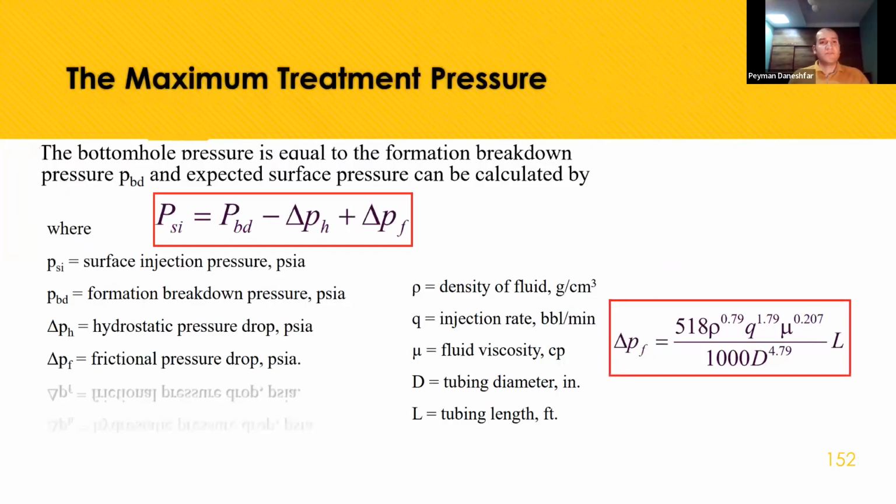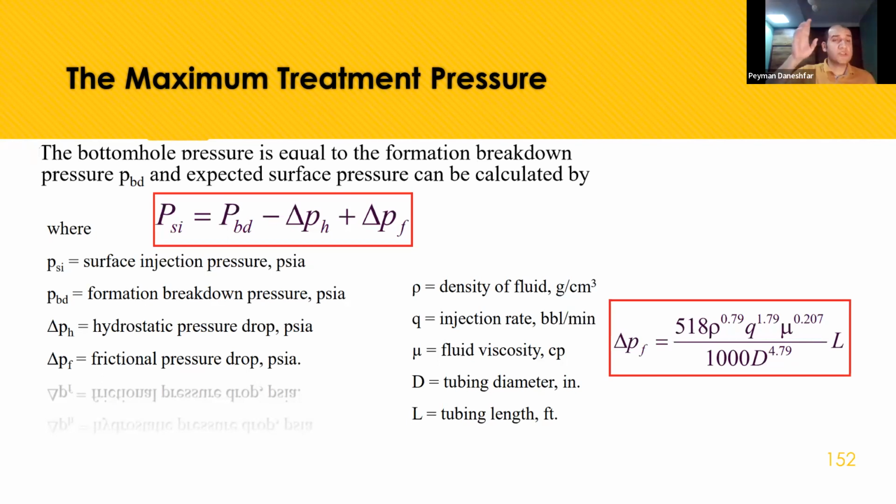Another one that we want to know is the maximum treatment pressure. How can we calculate the maximum treatment pressure? It depends on the hydrostatic pressure, the friction pressure, and the breakdown pressure. How can we calculate the breakdown pressure?